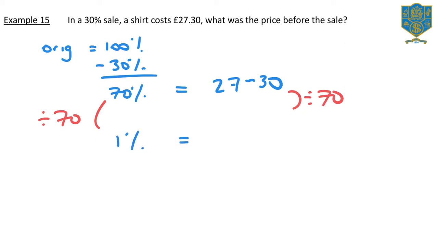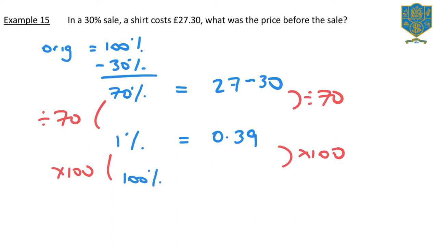So 1% is going to be 0.39, and then we multiply by 100 to get 100%, and we get that 100% is going to be £39. So this shirt originally was £39.